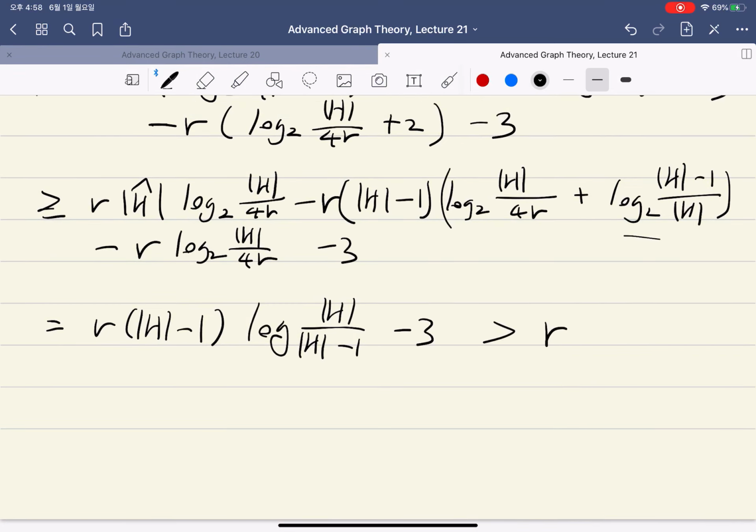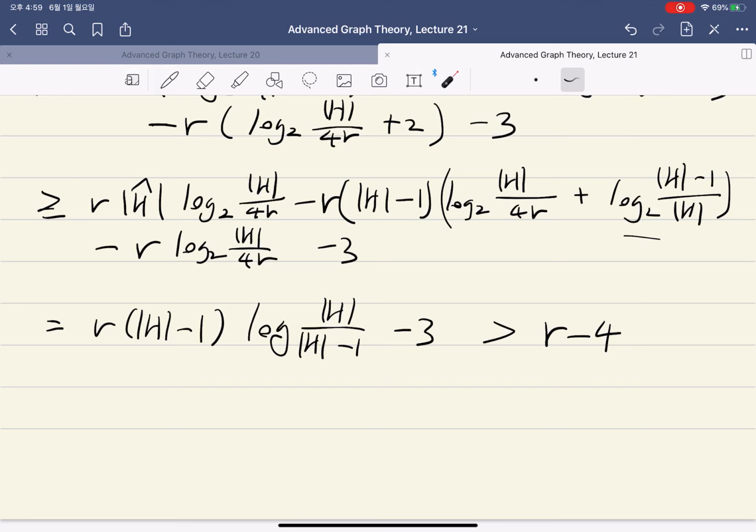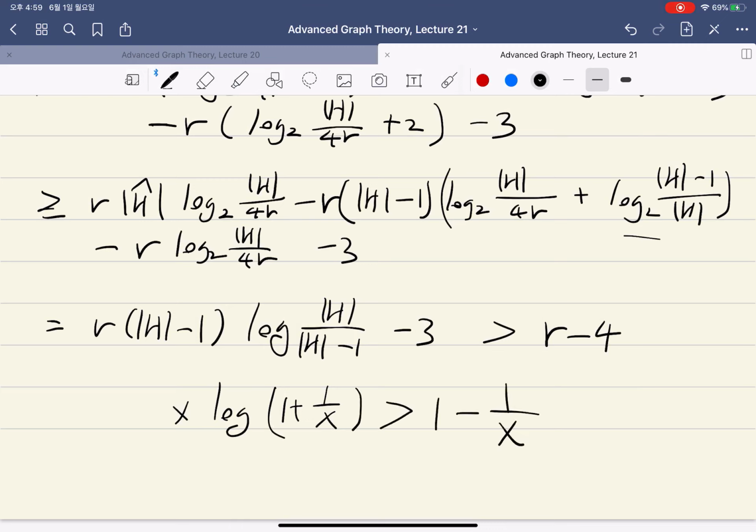And this is actually strictly bigger than r minus 4, because if you just consider this term, this is x times log of 1 plus 1 over x. And this is actually bigger than 1 minus 1 over x for all real numbers x, at least say 1.